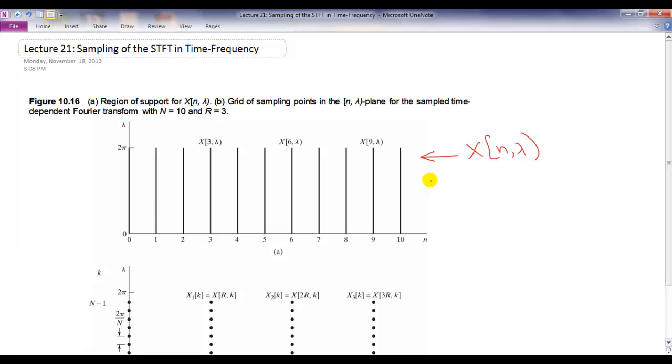Now, what we are talking about is that we can sample this further, so that it can be appropriately stored inside a digital system.